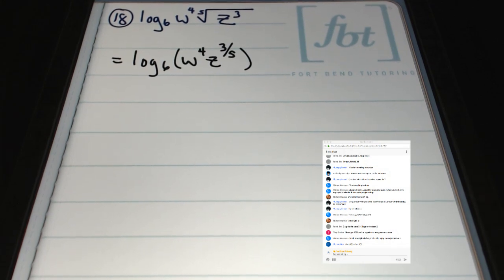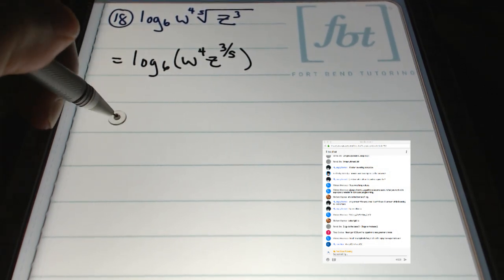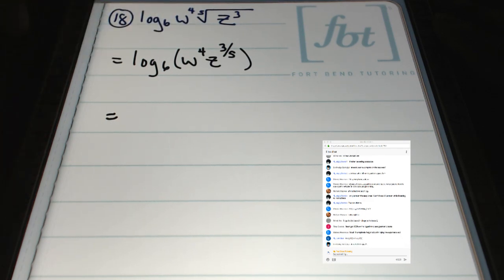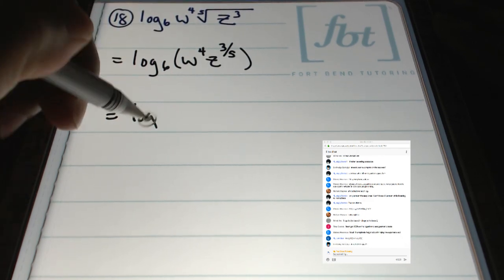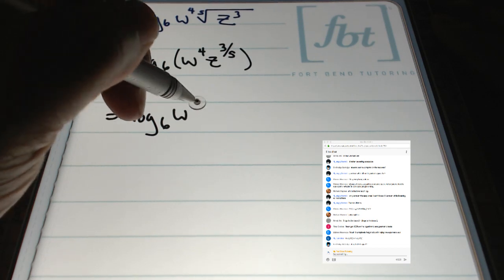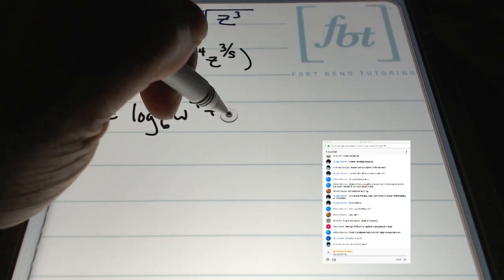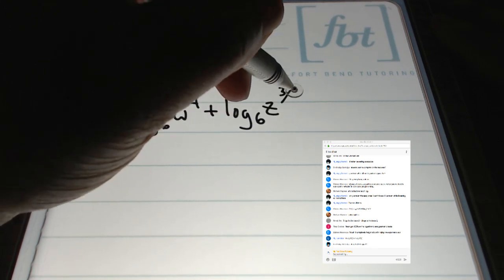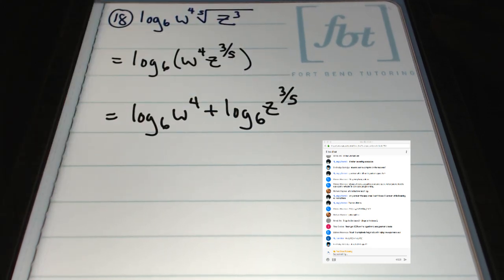From here, we're able to rewrite this using the product rule for logarithms as log base 6 of w to the 4th power plus log base 6 of z to the 3/5 power. Okay, so we could use that product rule to expand it thus far. I see Batoga already has the answer going.